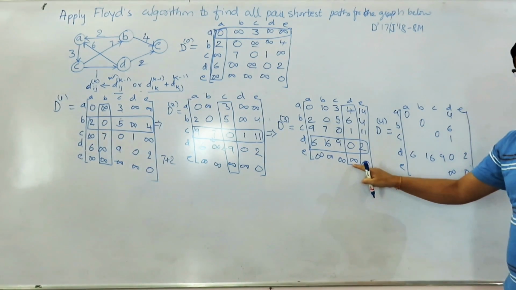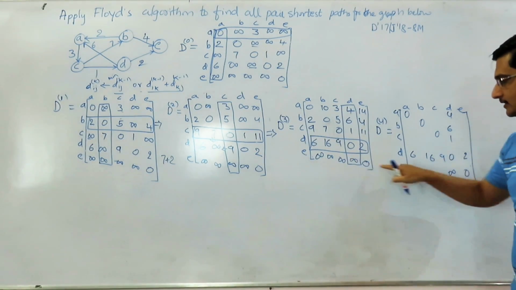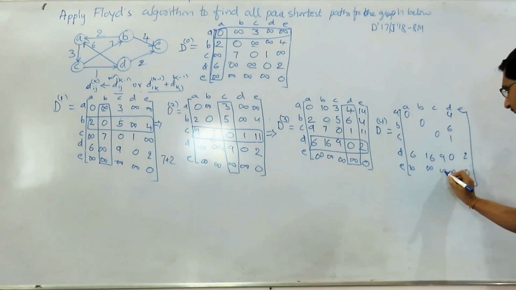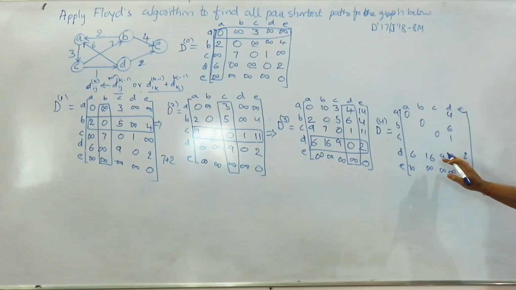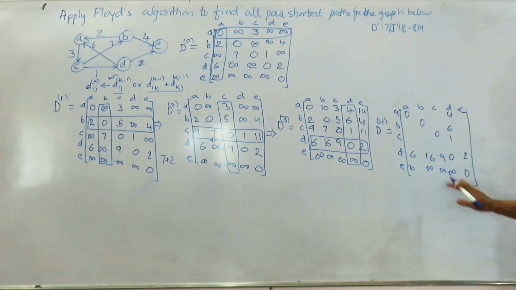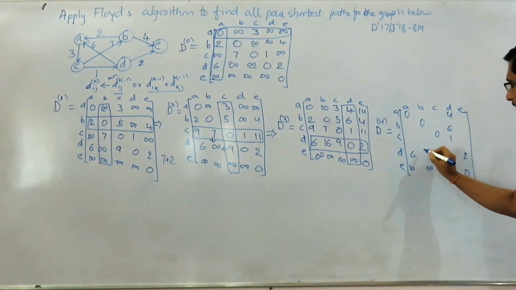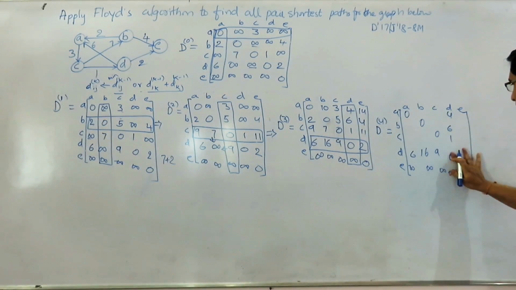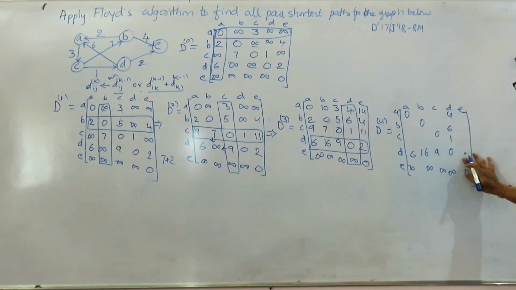See that this is infinity, so definitely this row is not going to be affected. Infinity, infinity, infinity. This is a slight alignment problem.